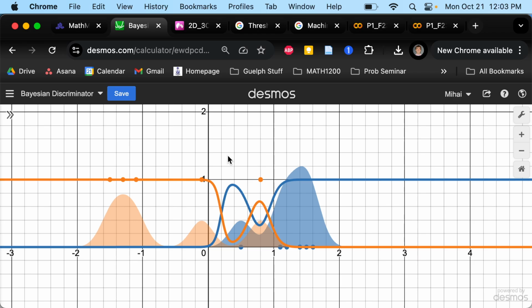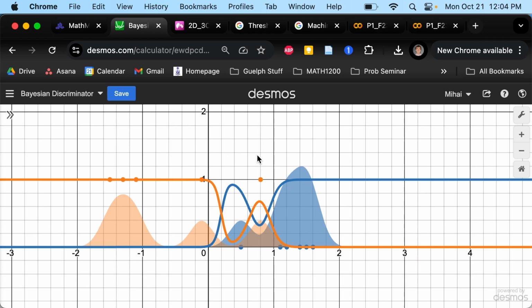You can see these points are close to 100% chance of being orange class. These points are almost 100% chance of being blue. And then in the middle, you have some weirdness going on, where you're saying, I think a point chosen here is very likely to be blue, and a point chosen over here is very likely to be orange, right? It really is just the weighted ratio of the blue to the orange area.